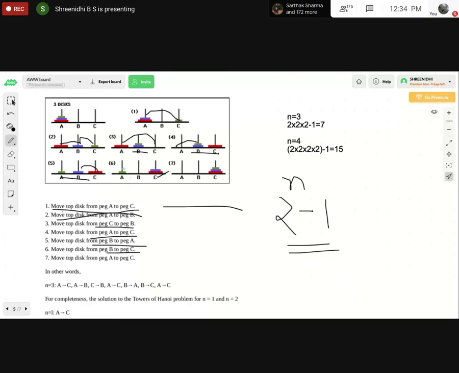Next, this A will be moved to the destination. Understood, everyone? So in other words, for n is equal to 3: A to C, A to B, C to B, A to C, B to A, B to C and A to C. The complete solution for the Tower of Hanoi problem. Got it?